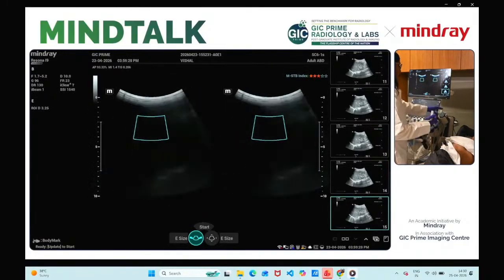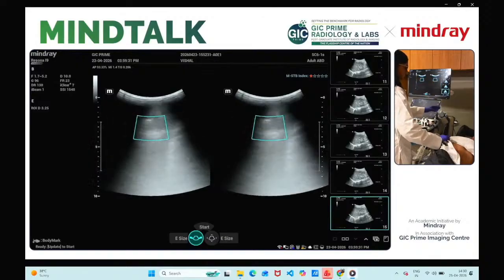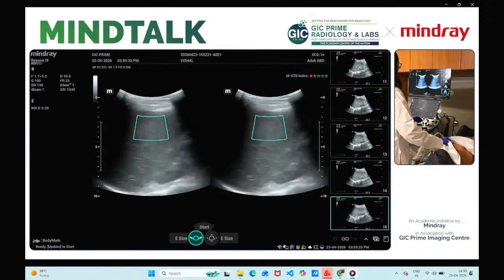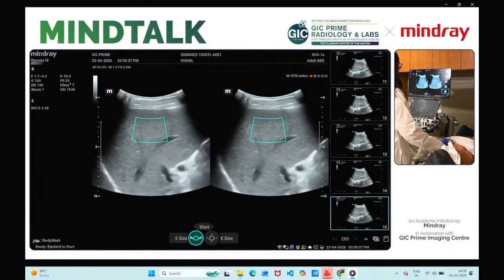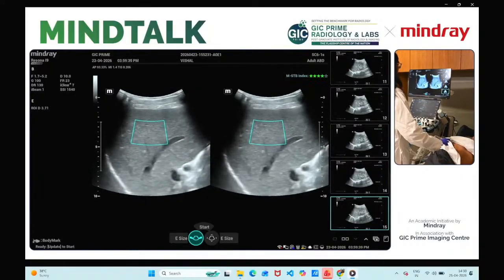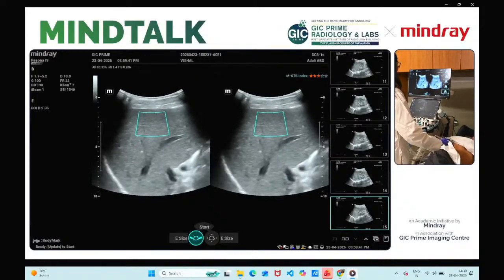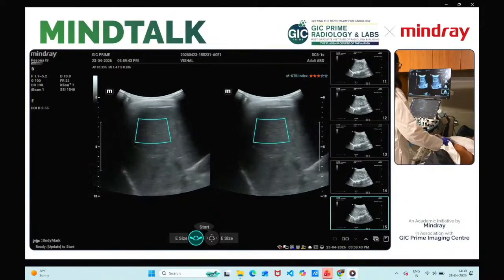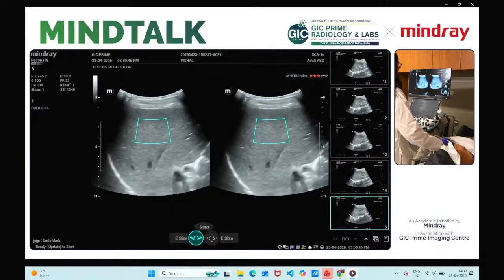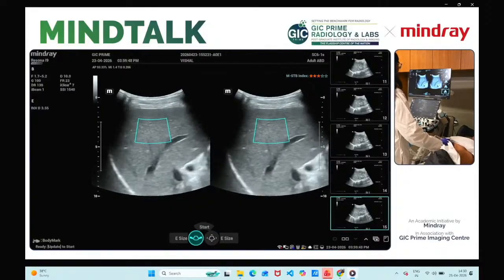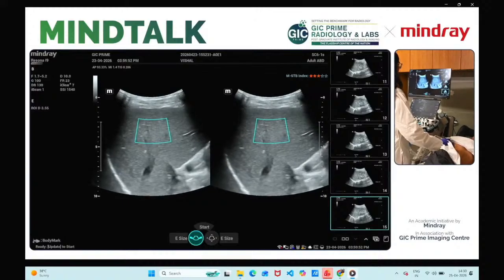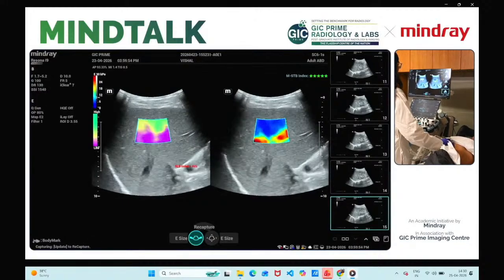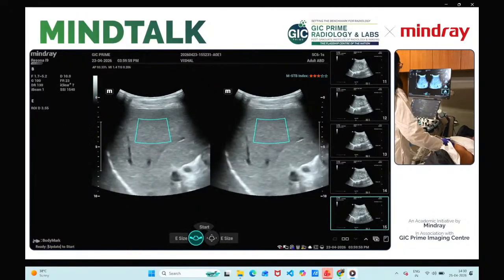Then I am moving forward to the elastography part. Here I have put the measurement box, avoiding major vessels and any focal lesion, if any. I am putting the box away from the capsule. I am asking the patient to hold the breath and then take the measurement. The reliability index is low, so I am rejecting this image.